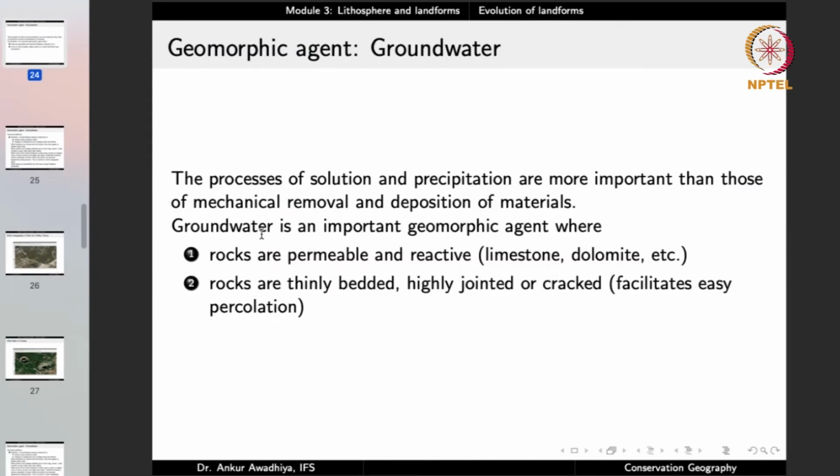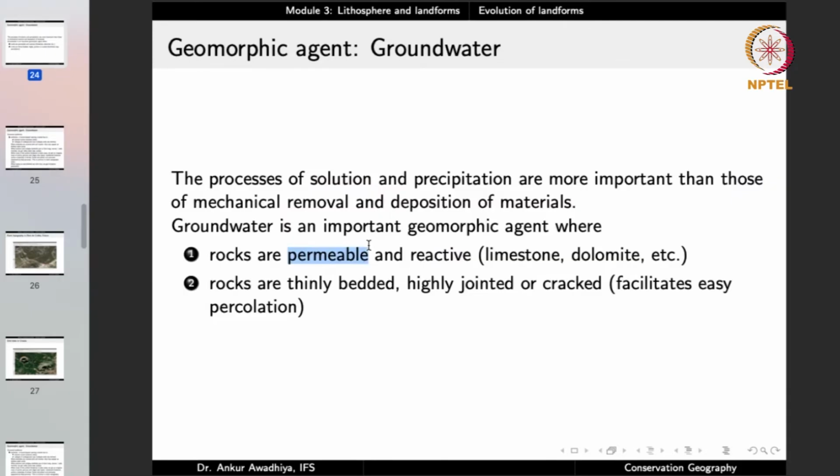Now groundwater is an important geomorphic agent where the rocks are permeable and reactive, again because you need to have solution activity. Now solution will happen when the rocks are reactive, and if the rocks are permeable, then more and more amount of groundwater will be able to play a role.